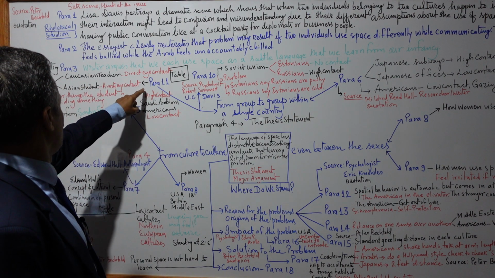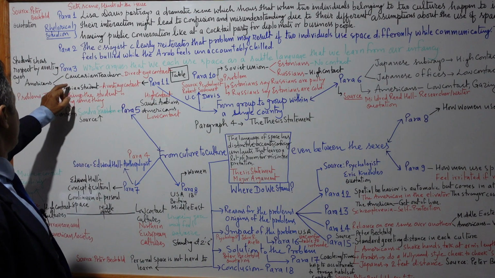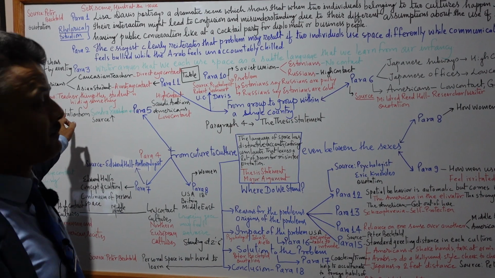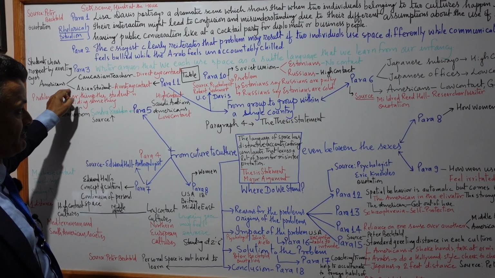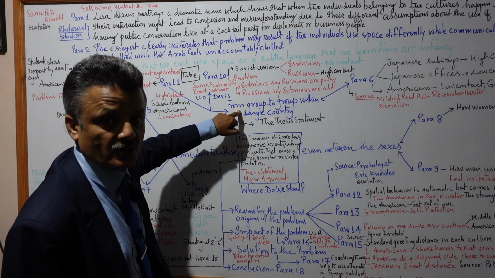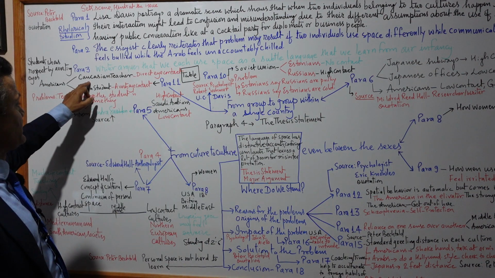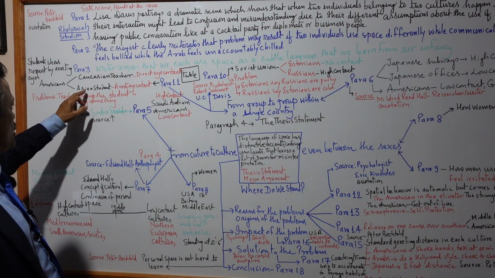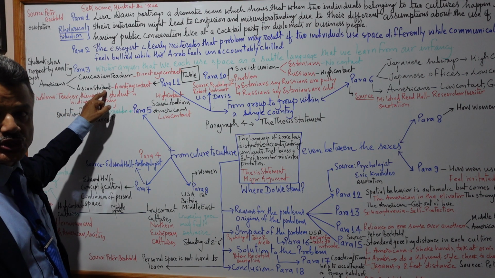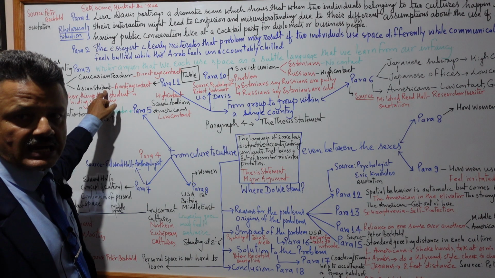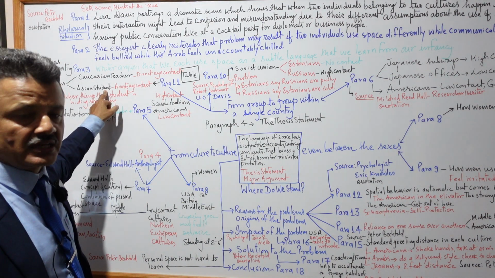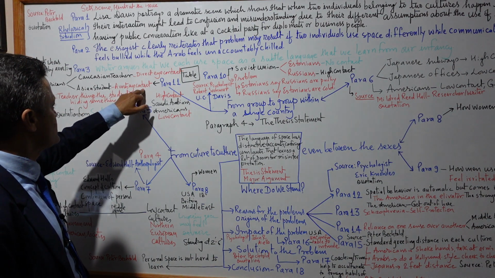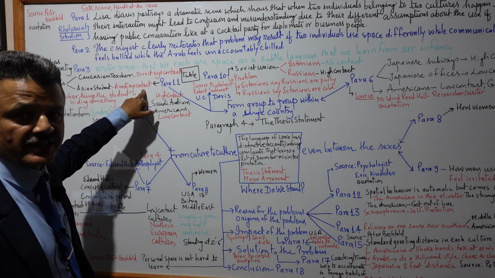And in paragraph 11, we read an example of how within America, the way people use space differs from group to group. For example, we have the example of a Caucasian teacher who, while having a conversation with an Asian student, mistakenly thinks that the student is trying to hide something because the student is averting her eyes, not looking at the teacher out of respect.